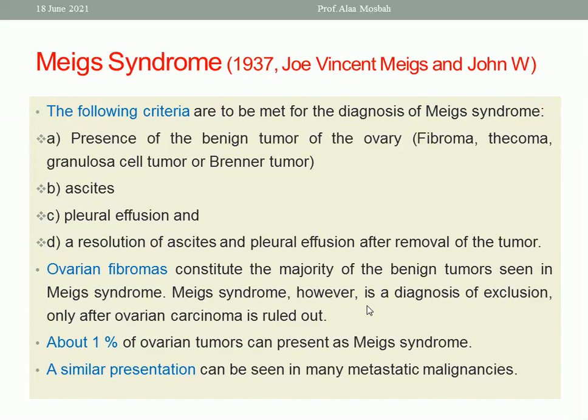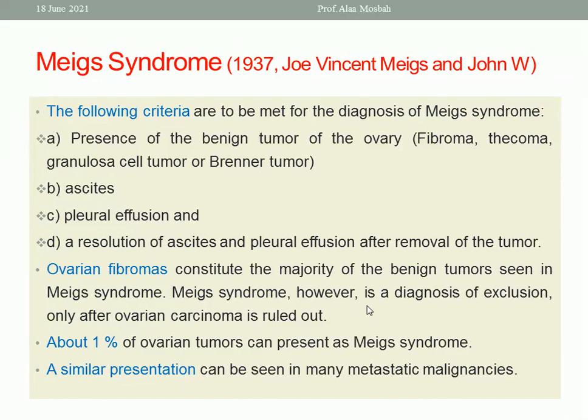Presence of ascites, presence of pleural effusion, and lastly, what is very important, the resolution of the ascites and the pleural effusion after you do excision of this ovarian fibroma. Must happen. Resolution of the ascites and the pleural effusion.